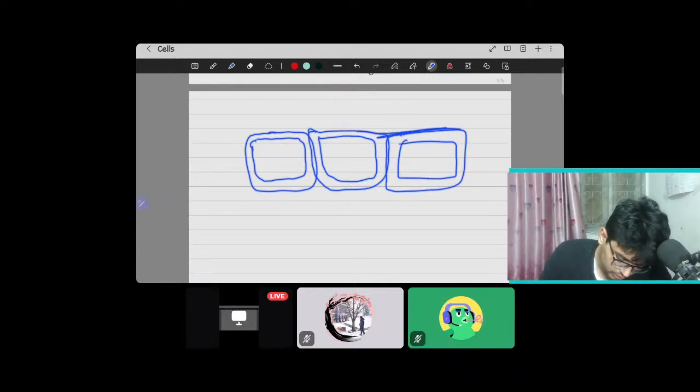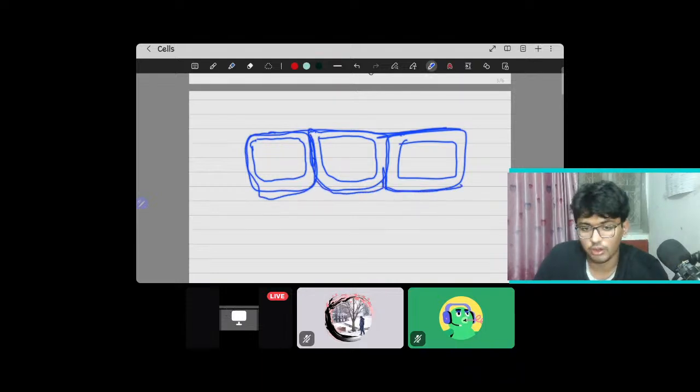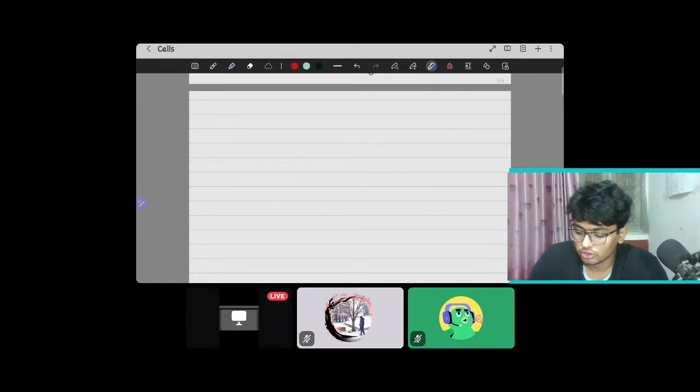So this blue part is the middle lamella, which is connected with other adjacent cell walls. It is a sticky gel-like structure, usually of magnesium and calcium salts, called pectates.